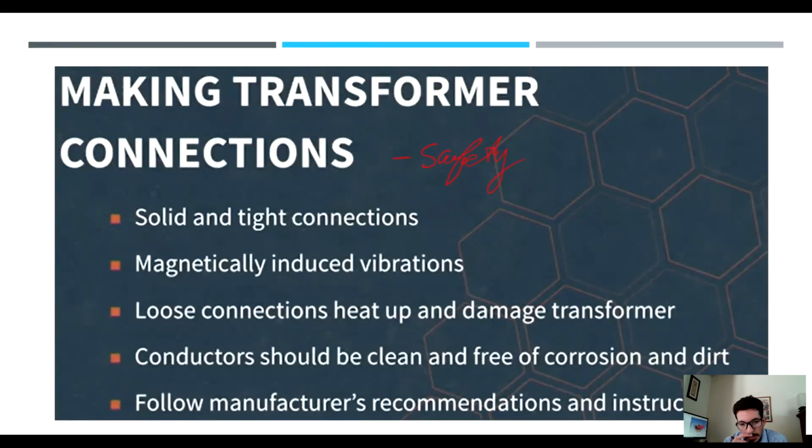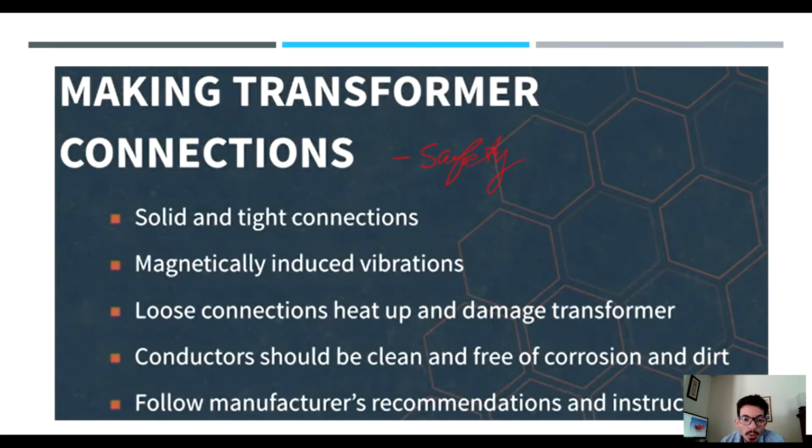As you can hear, sometimes transformers can be pretty loud when you're nearby. The magnetic field is creating vibrations that are usually big enough to loosen the connections if they're not soldered or connected properly.